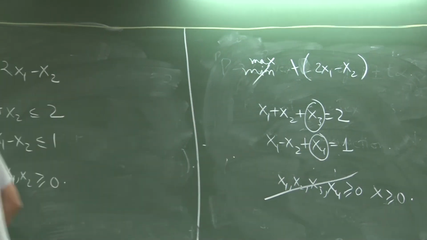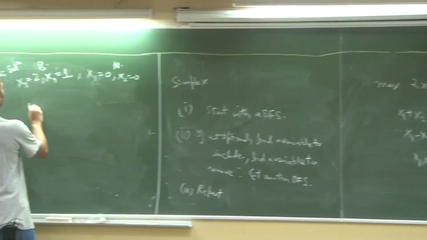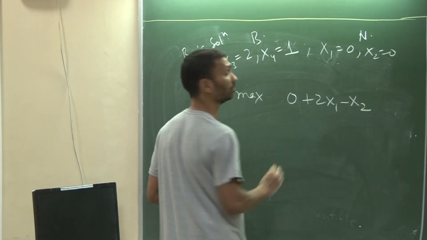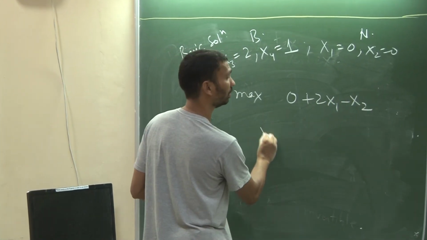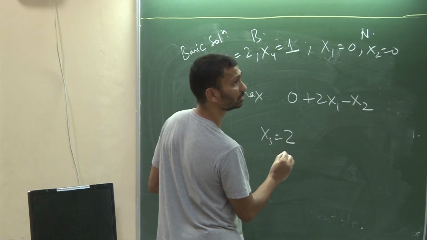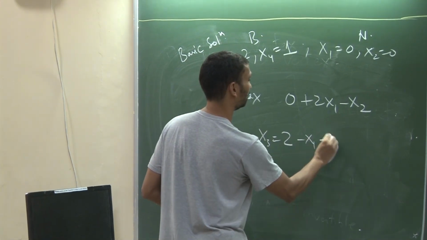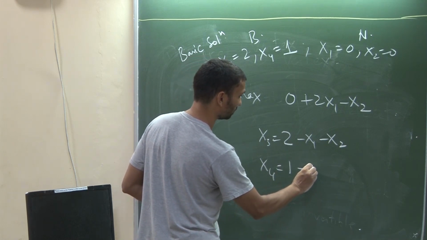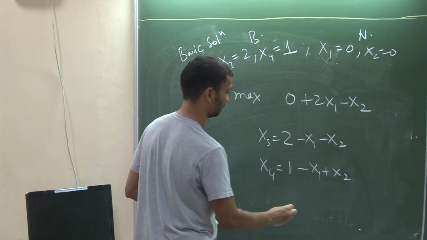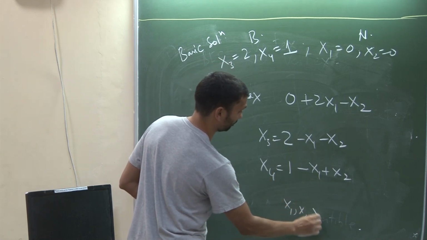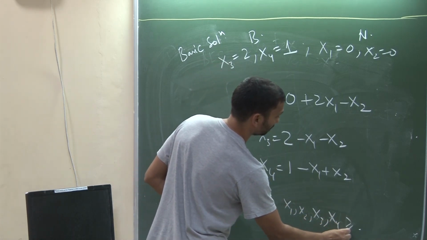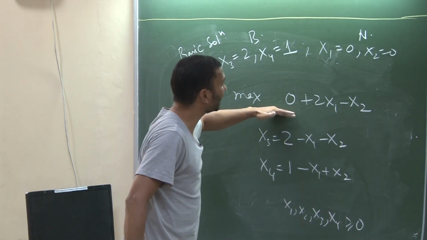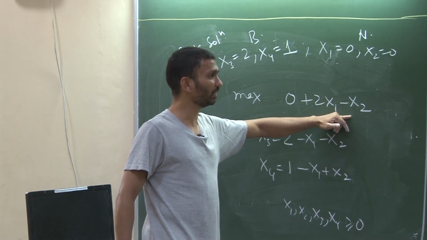But then I can write... Can you help me out? x4 is greater than or equal to 0, right? So why am I writing this in terms of non-basic variables?